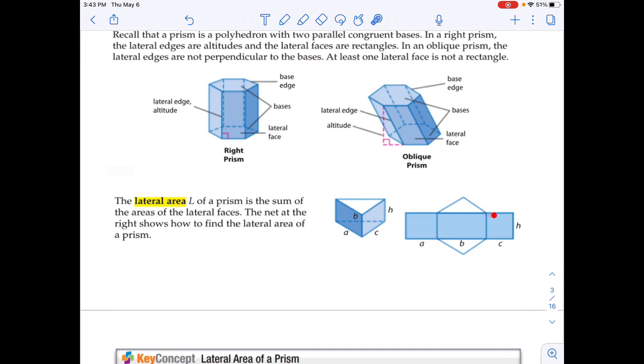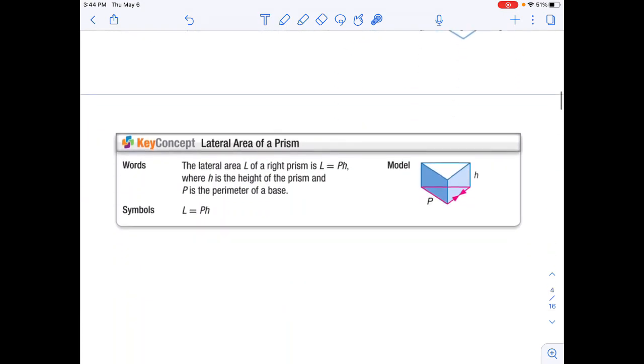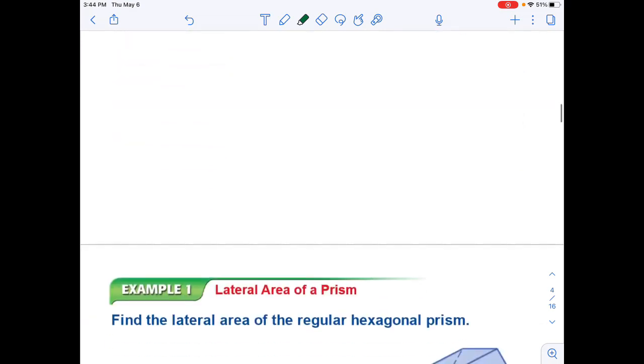If you look here, the lateral area is actually just a rectangle. A, B, and C are the perimeter of your base, and then you multiply that by the height to find the lateral area. So that's all it is. The lateral area of a right prism is the perimeter of the base times the height.